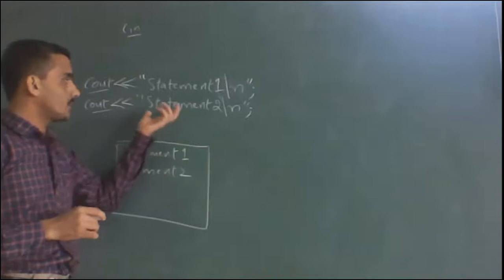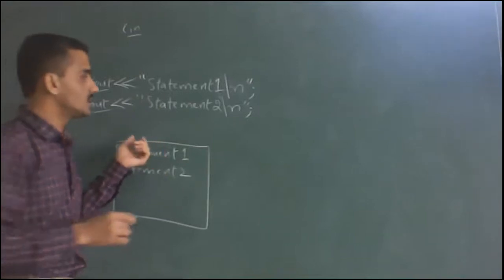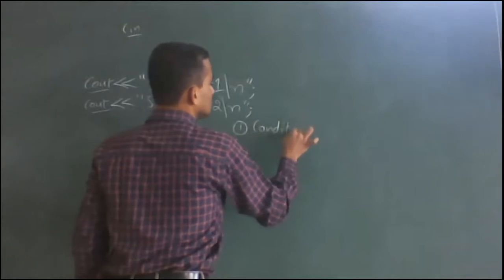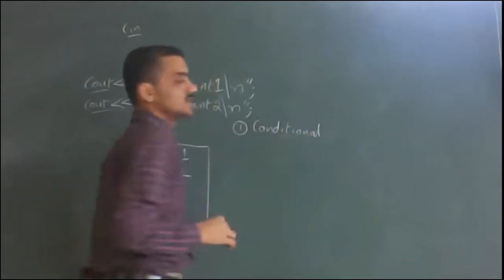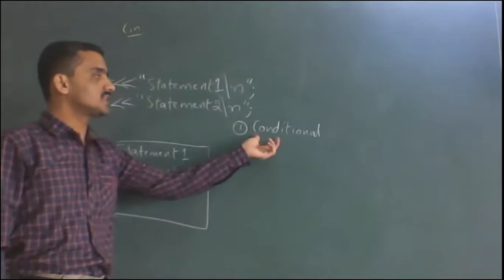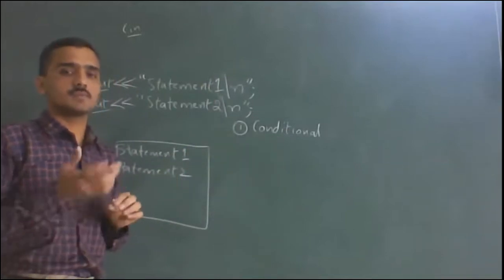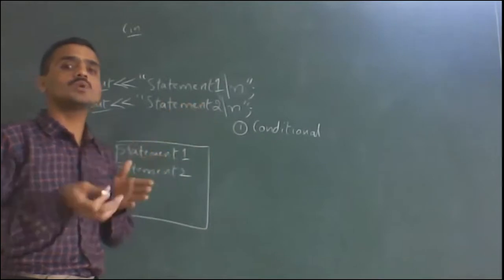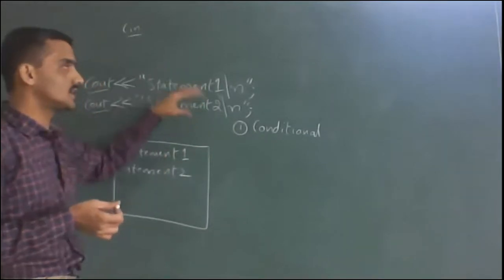Now, suppose I apply the control statements concept here, first the conditional statements, that is, selection statements. In conditional statements, as I said, statements will be skipped. When you write the program, the statement will be there, but in the output you cannot see it because it is not considered for execution.